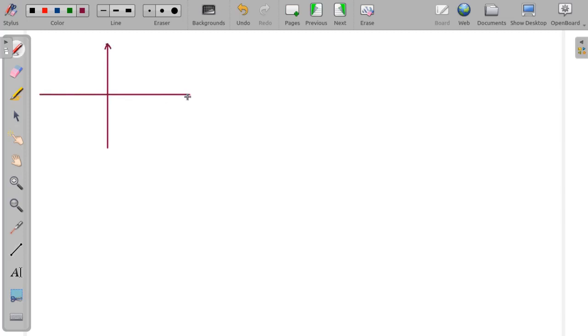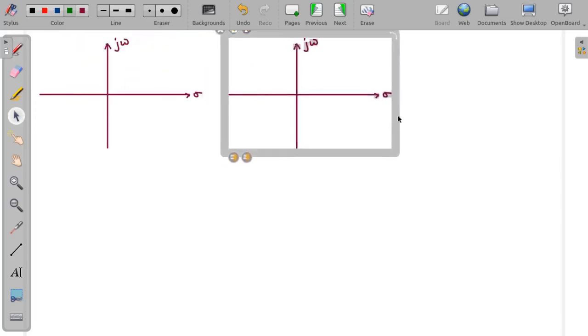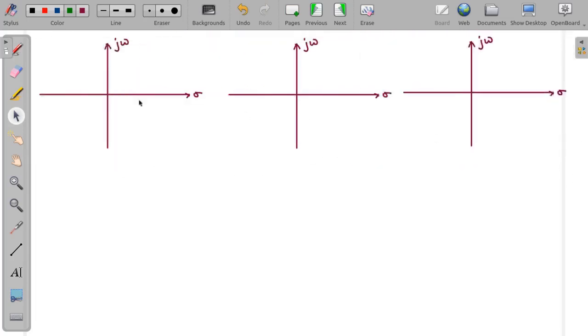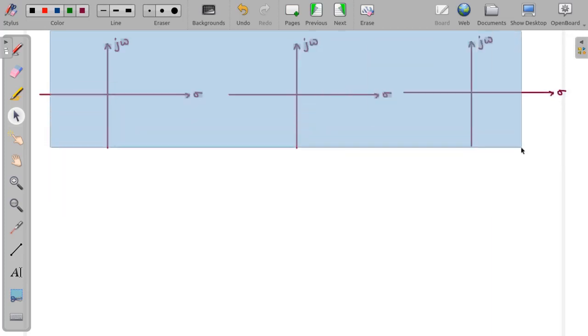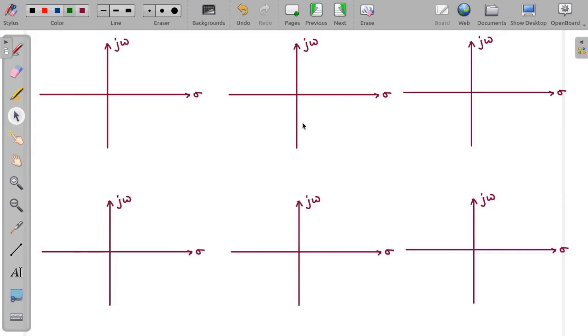Now let us see how your poles can look when you have a row of 0. So if suppose this is your S plane, one of the combinations of row of 0 can be like this. Okay, when we have a third order system, we can have a row of 0.